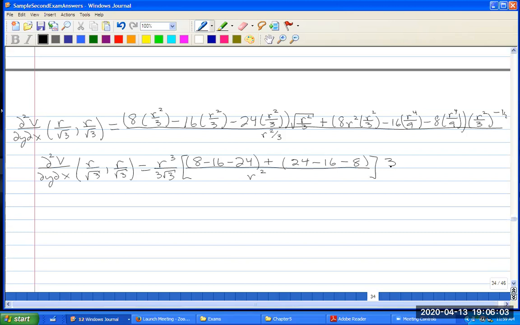Okay. So if I do that, a whole bunch of things, well, some things will cancel. So these cancel. Two of these cancel. So that just gives you an r. 16 plus 8 is 24. So the 24 minus 16 minus 8 cancels. And so I get, oops, 1 second.